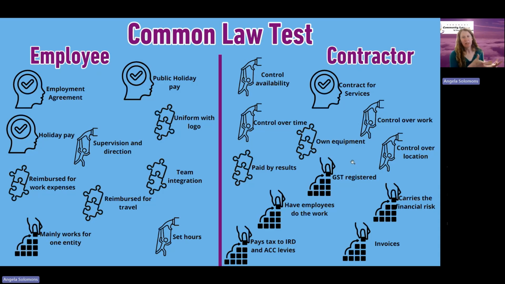There was no tax being paid, so again, that doesn't point either way. So you're mostly looking there at integration and control. Mr. Zhao had quite a lot of control. He could have chosen to turn up or not. He could have left at any point without any repercussions. And he wasn't integrated in any way into Mr. Liu's own business because, again, he just turned up on the day.